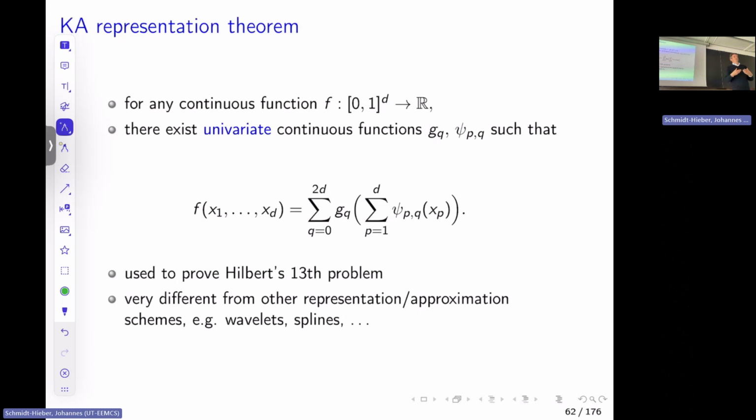So how should you be able to write something as complex as an arbitrary continuous multivariate function as a composition of univariate functions, which is much simpler, of course, and doesn't really have a way to model these interactions that can happen between the different variables. But it's true.